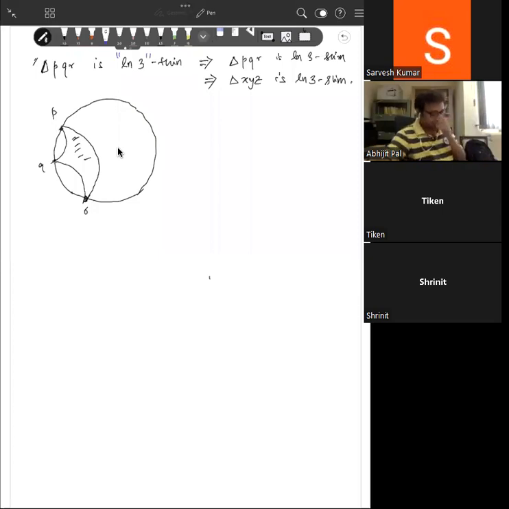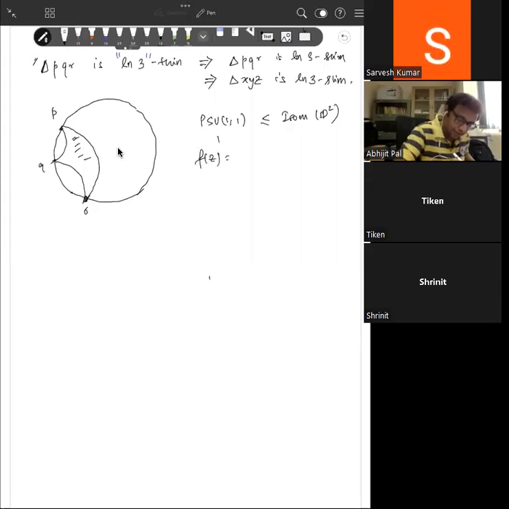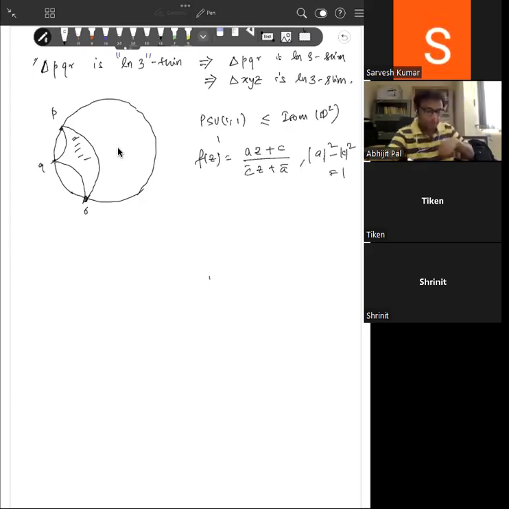Now given this triangle, you know that PSU(1,1) is a subgroup of isometries of this Poincare disk, and an element of this is of this form: f(z) = (az + c)/(c̄z + ā), where |a|² − |c|² = 1.